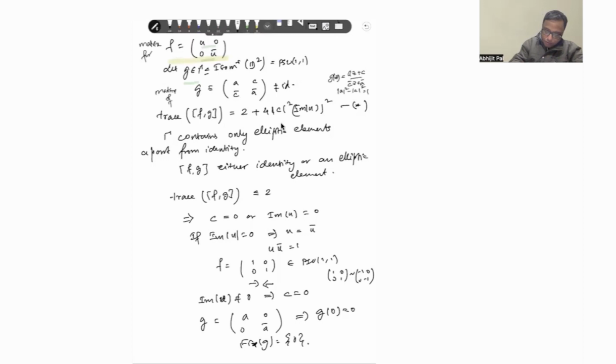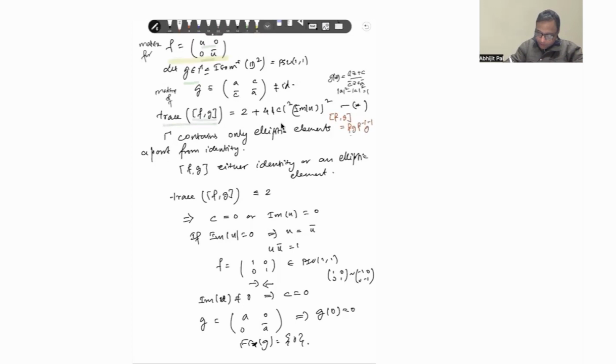Now if we compute the trace of this commutator, f g f inverse g inverse, this will again be a Mobius transformation.